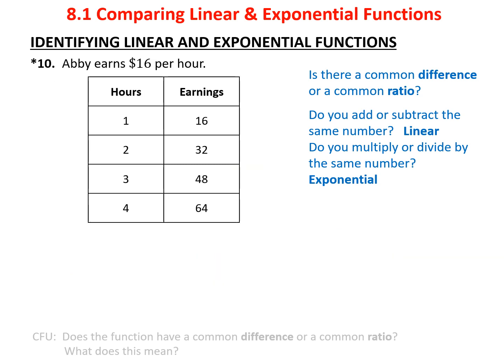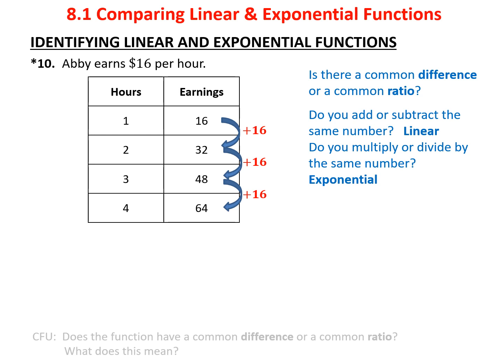In our next problem, it says we have Abby who earns $16 per hour, so we're going to track her total earnings. So in the first hour she earned 16, the second hour she earned 16 again, so now she has $32. Then she earns 16 again. Notice what's happening here is each time, because she works one more hour, she gets 16 more dollars. So each time her earnings are increasing by 16.